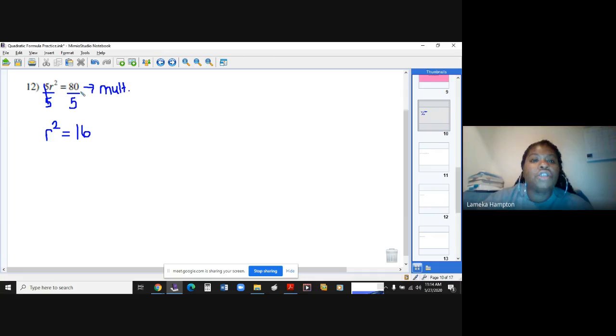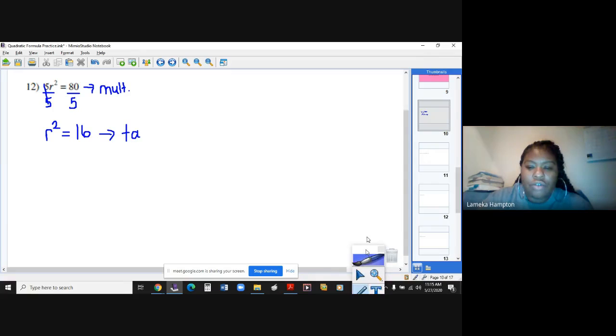Now, the good news is I have an r by itself, sort of, kind of. The problem is it's r squared. So that means I need to do the inverse or the opposite of squaring, which is square root. So what you would have to do is whenever you're left with a problem like this, you are simply going to find or take the square root.